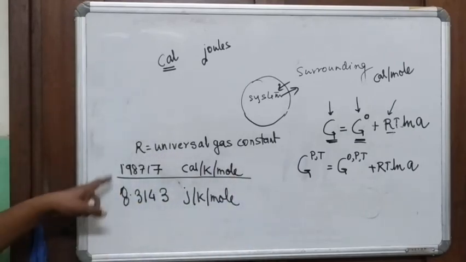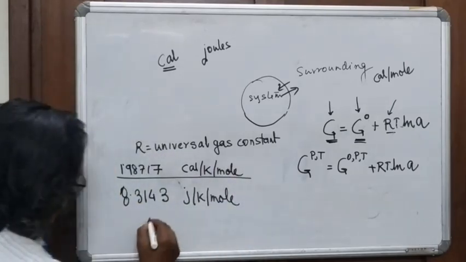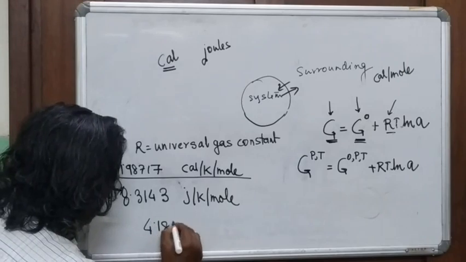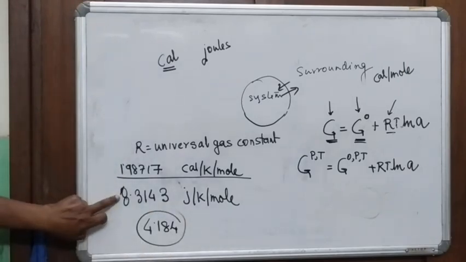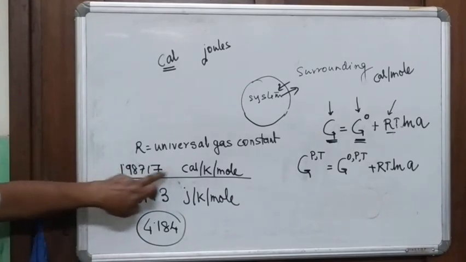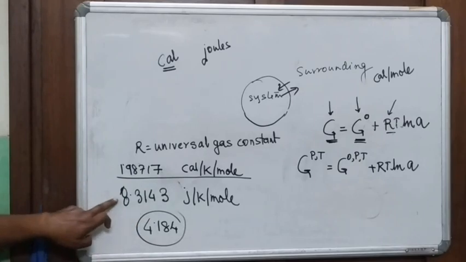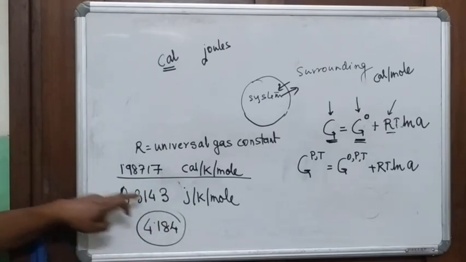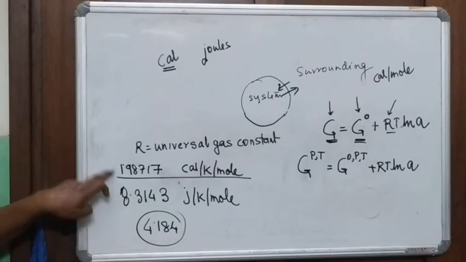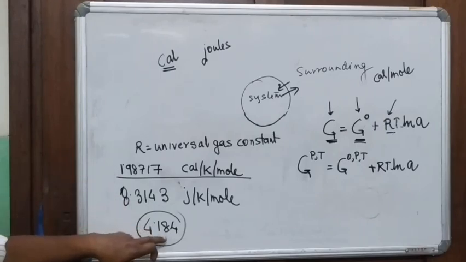If this value is 1.98717 calories and the same value in joules is 8.3143, then if you divide this by this, you will get a value of 4.184.